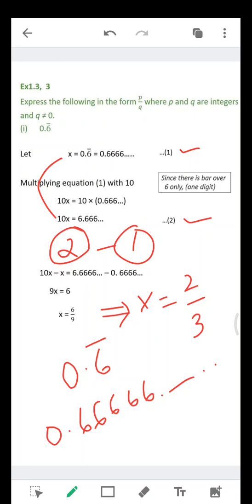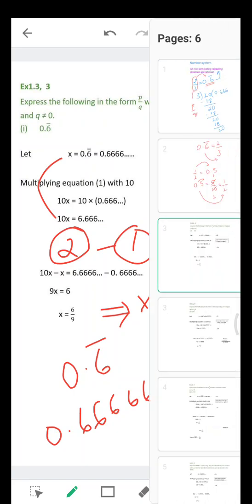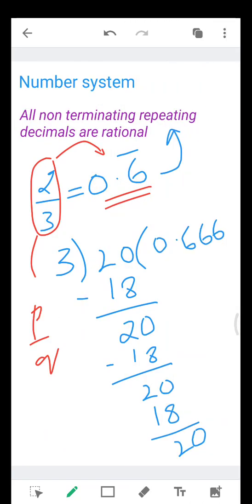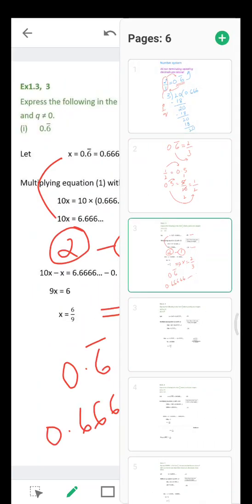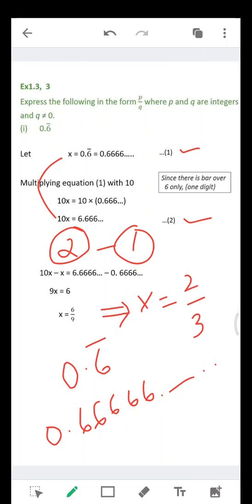So finally we reached our answer that 0.6 bar is equal to 2 by 3. So this is the way we can convert non-terminating repeating decimals into p by q form. You have to follow the same procedure for every question, irrespective of its value.